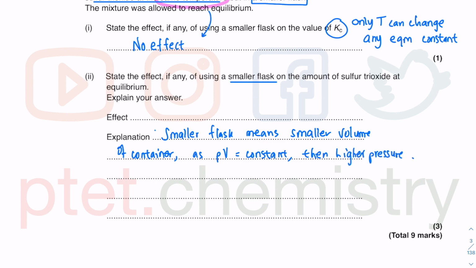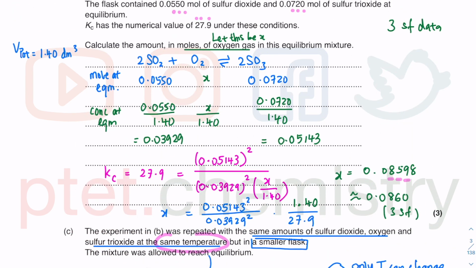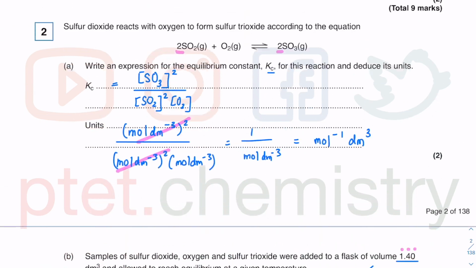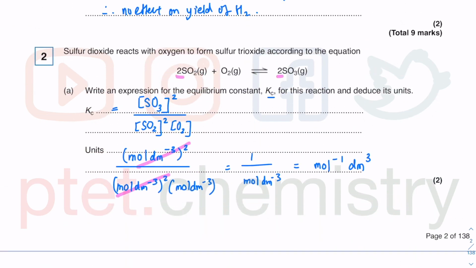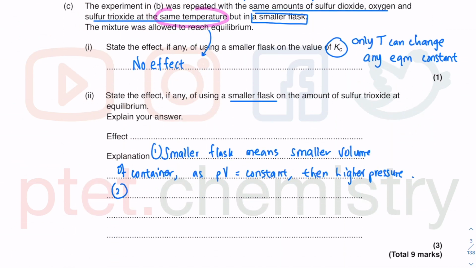So as a result of higher pressure, what would your equilibrium do? We have to count the moles of gases on the left. These were originally gases. So 2 plus 1 is 3 moles of gases on the left versus 2 moles of gases on the right.